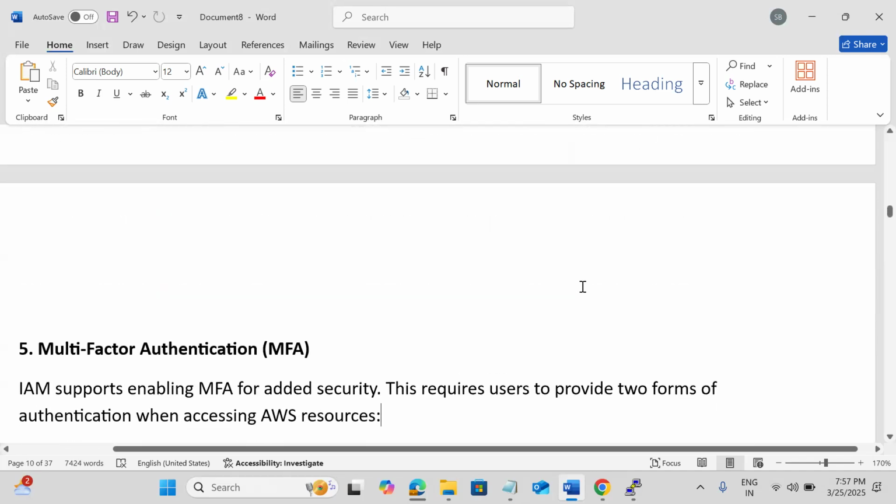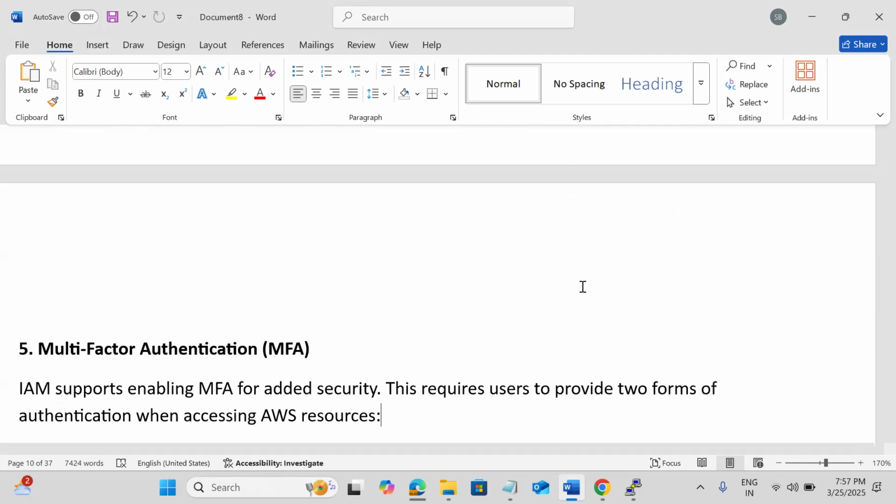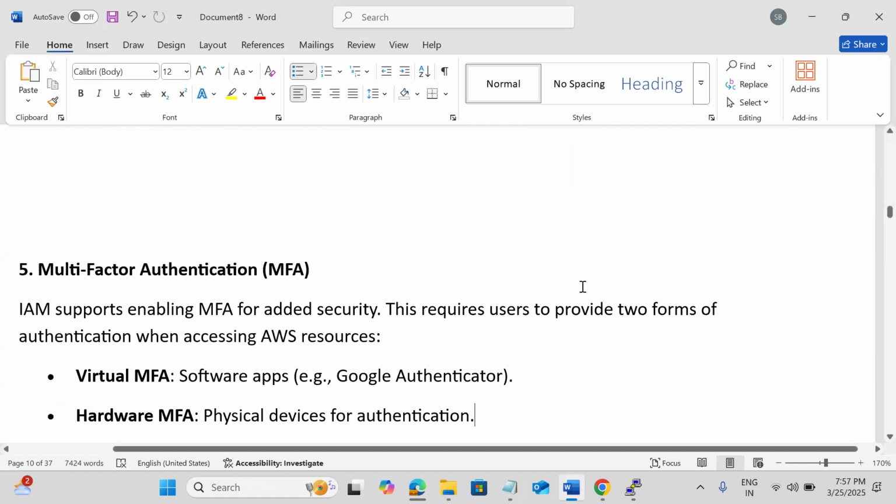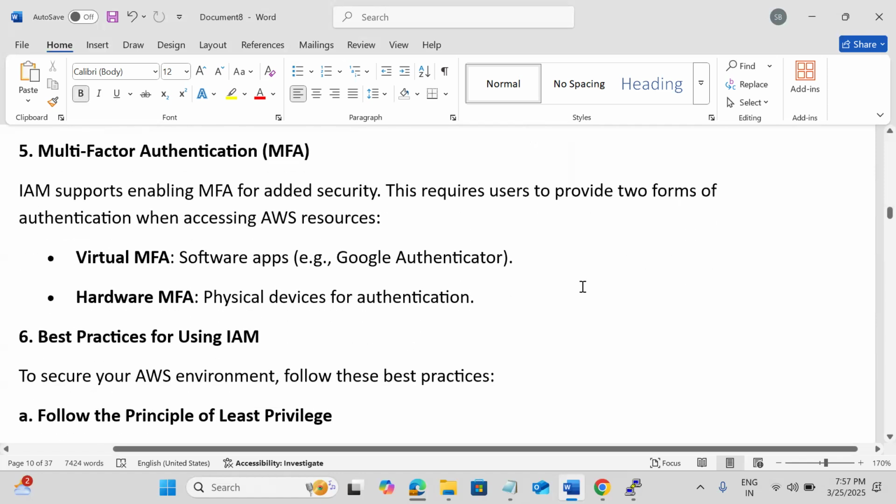And MFA, I hope everyone knows it is mandatory now, right? Within 30 days, for the root account, we need to set up MFA. What is the concept of MFA? Multi-factor authentication. Here we can use an authenticator app or any physical device. We need to use multi-factor authentication especially for important users.